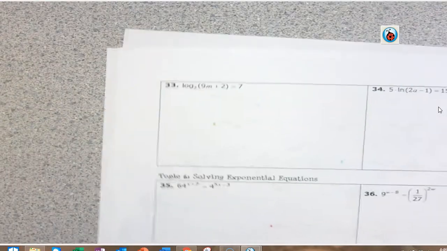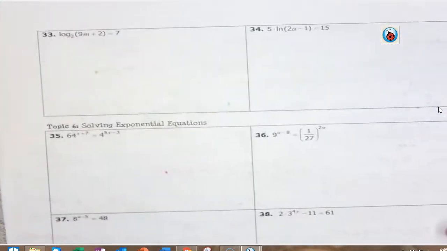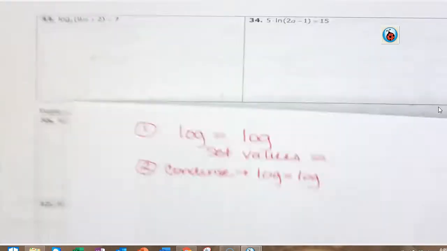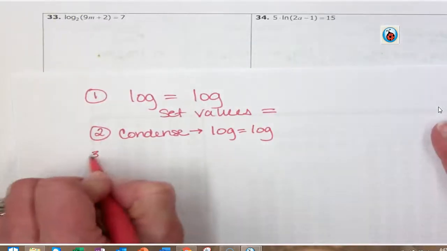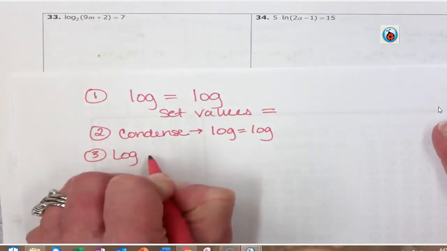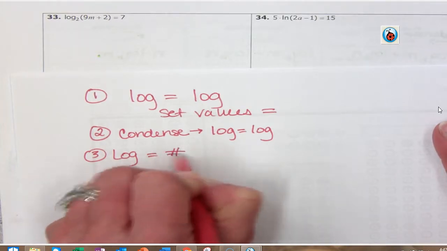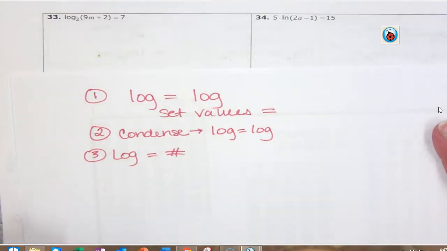So now we have the third type of problem, which is a logarithm equal to a number, right?